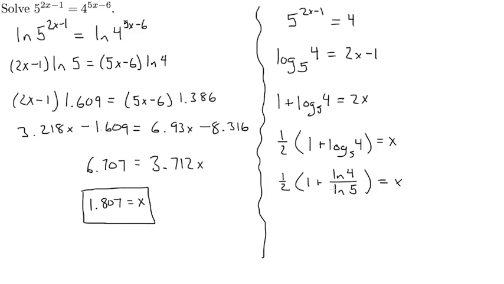This our calculator can handle. So if we put this in our calculator, natural log of 4 divided by natural log of 5, add 1 to it, divide it by 2, the answer that we get back is 0.931. So x is approximately 0.931.